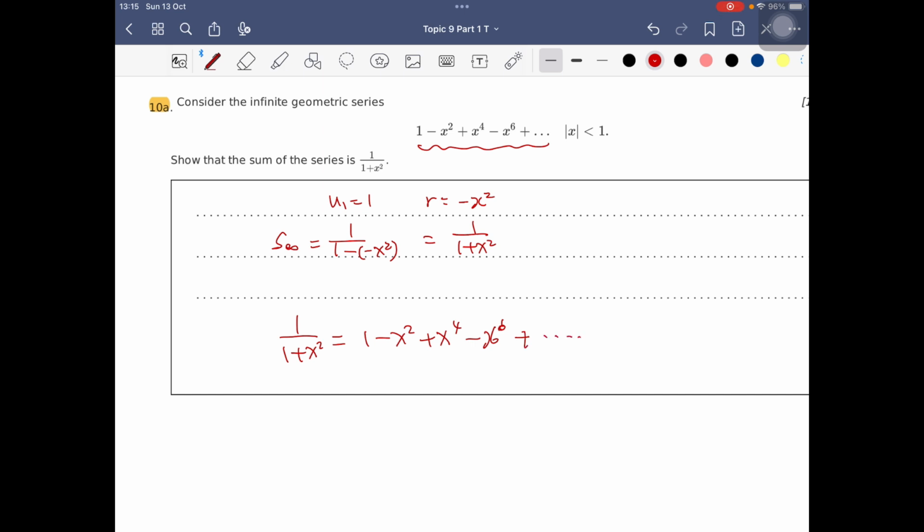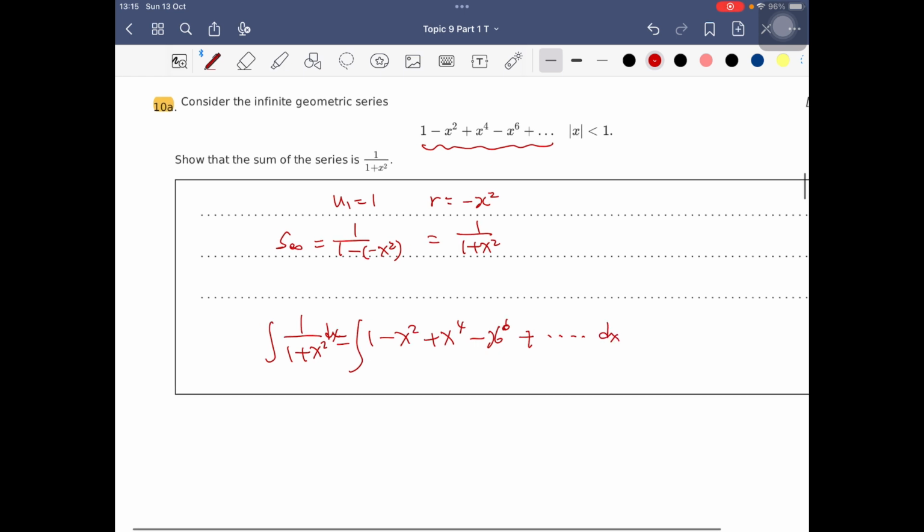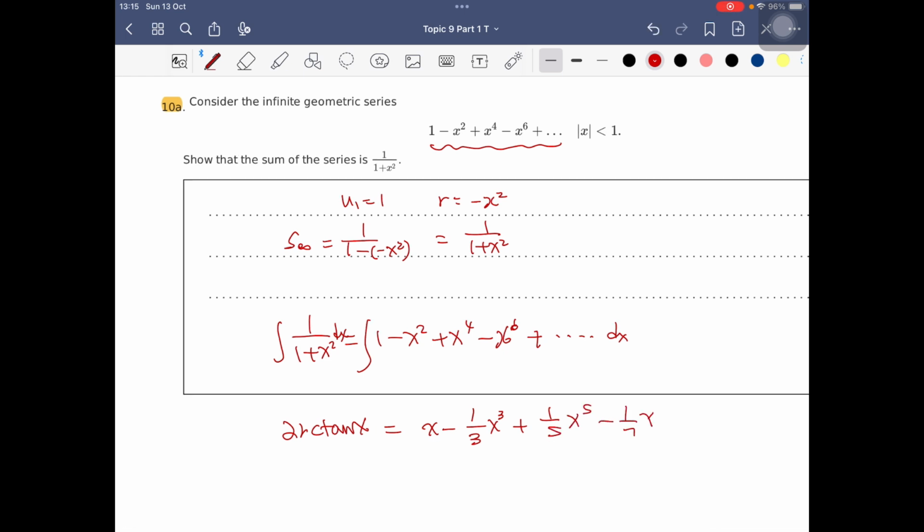Now, we already know the antiderivative of 1 over 1 plus x squared is the arctangent. So arctan of x is x minus 1 over 3 x cubed, 1 over 5 x to the power of 5, 1 over 7 x to the power of 7, plus c, actually.